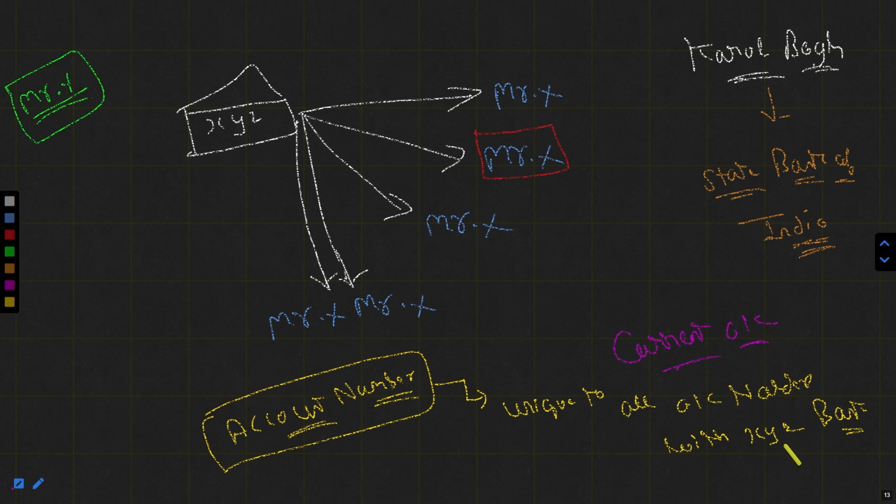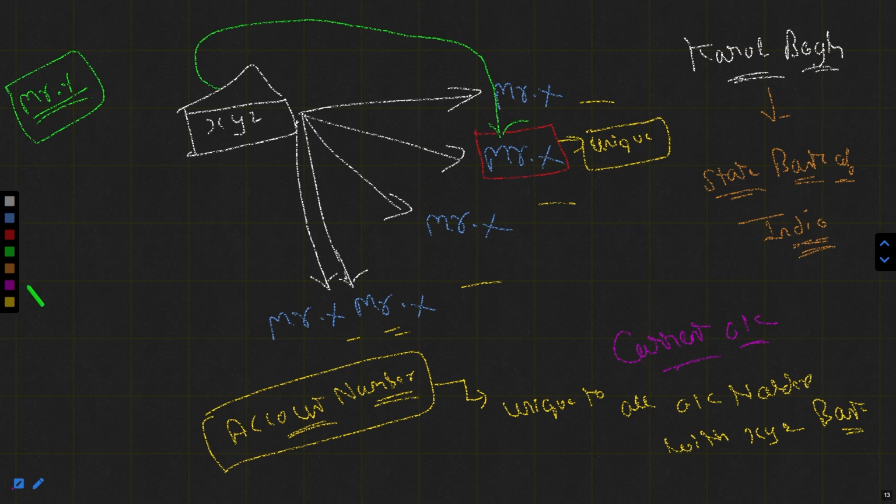So if we go by this definition, then his number will be unique, and so will these numbers. When you put the account number, which is a unique number, the XYZ bank will identify that you are talking about this Mr. X. All right, so that's how the account number works.